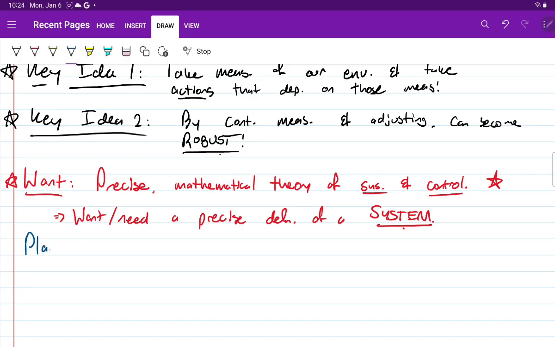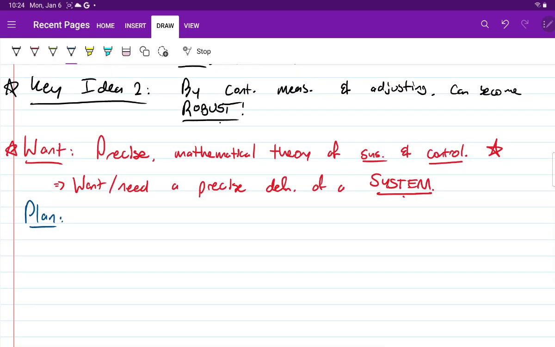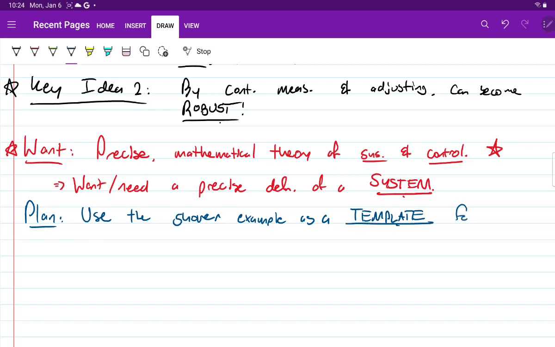Our plan for the next couple of minutes is we're going to use the shower example as a template for a formal definition.